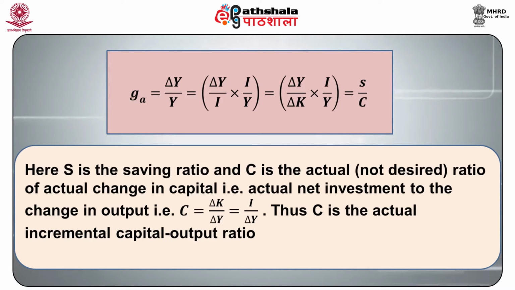Here S is the saving ratio and C is the actual ratio of actual change in capital, that is actual net investment, to the change in output, or C is equal to delta K upon delta Y is equal to I upon delta Y. Thus, C is the actual incremental capital output ratio.